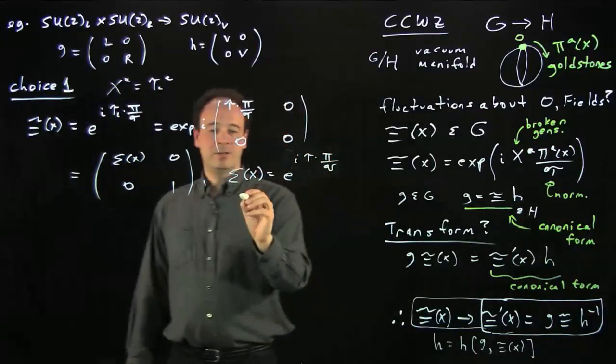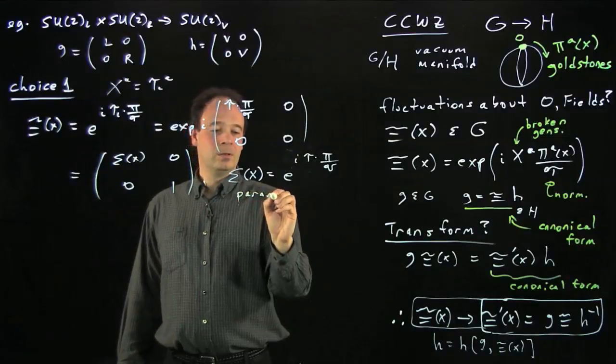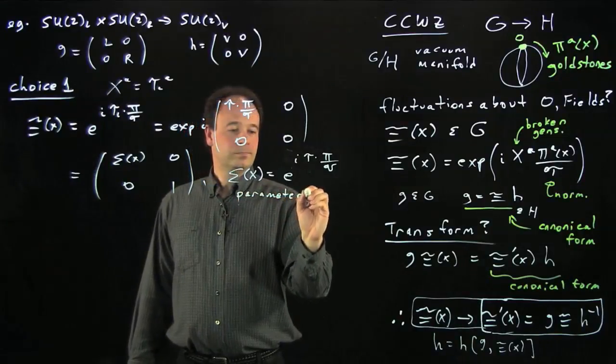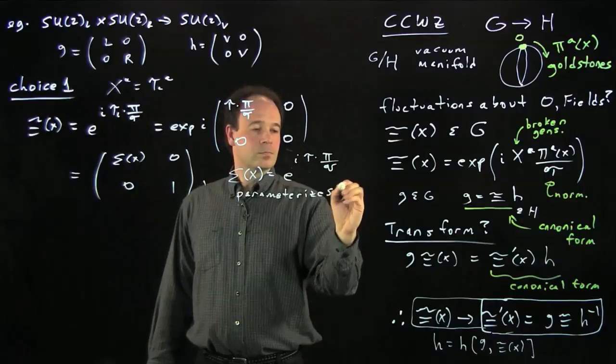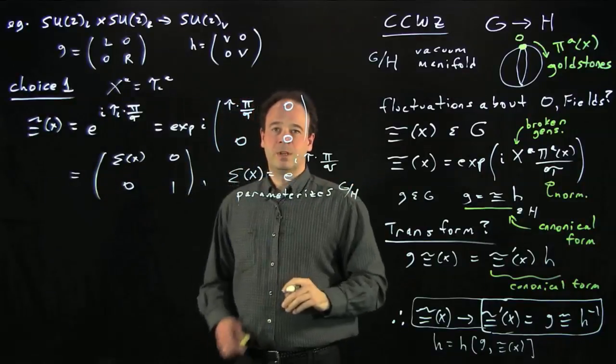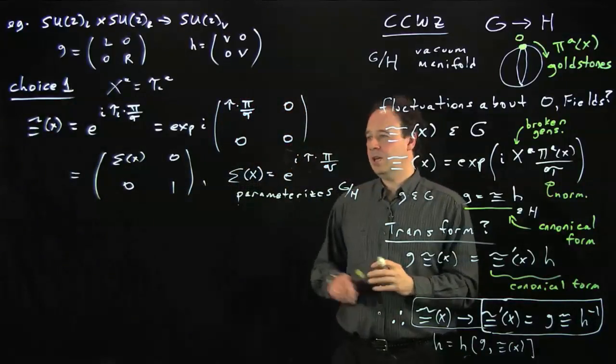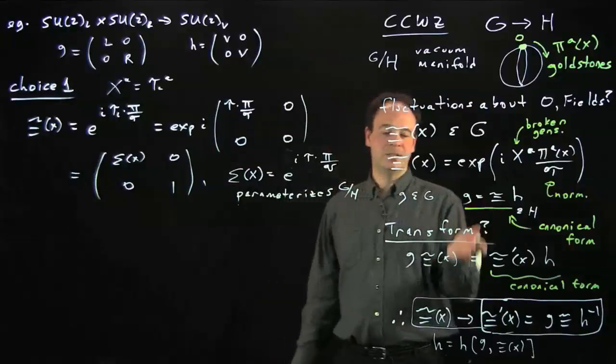And this is what parameterizes the coset. OK? So that's what this choice leads to.